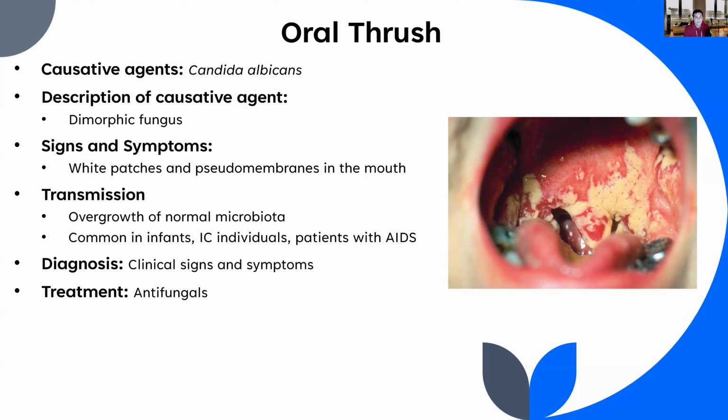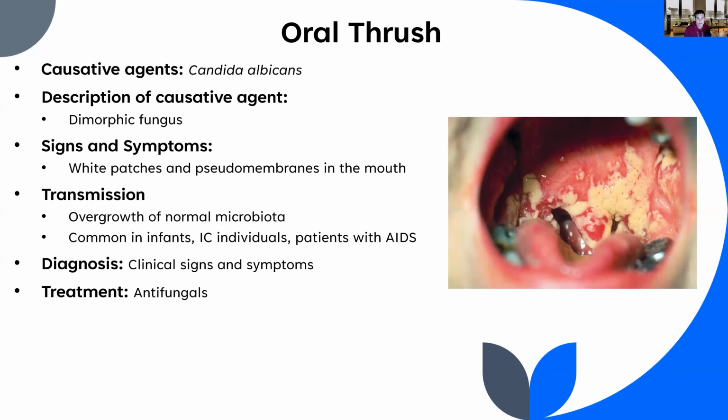Typically in people who are immunocompetent, their immune system is able to prevent this type of overgrowth. We do see in some cases yeast infections developing in the genitalia when there's been a disruption of that normal microbiota, in particular the lactobacillus species that live there. This could be the result of activity.